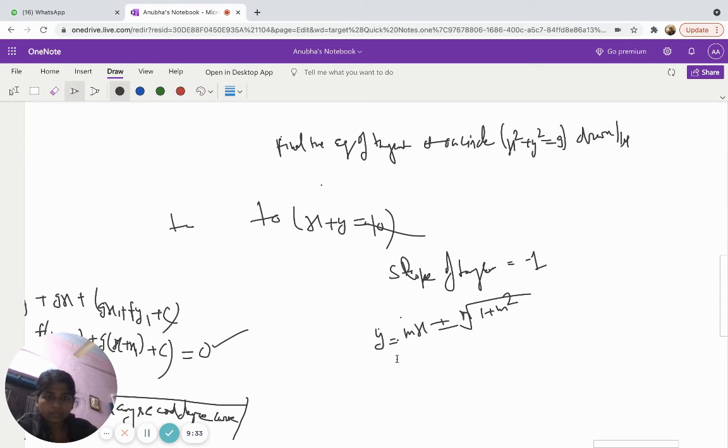So let's write it. The r is 3, so y equal to minus x plus minus 3 root of 1 plus 1, root of 2. So this is the equation of the tangent that is parallel to this.